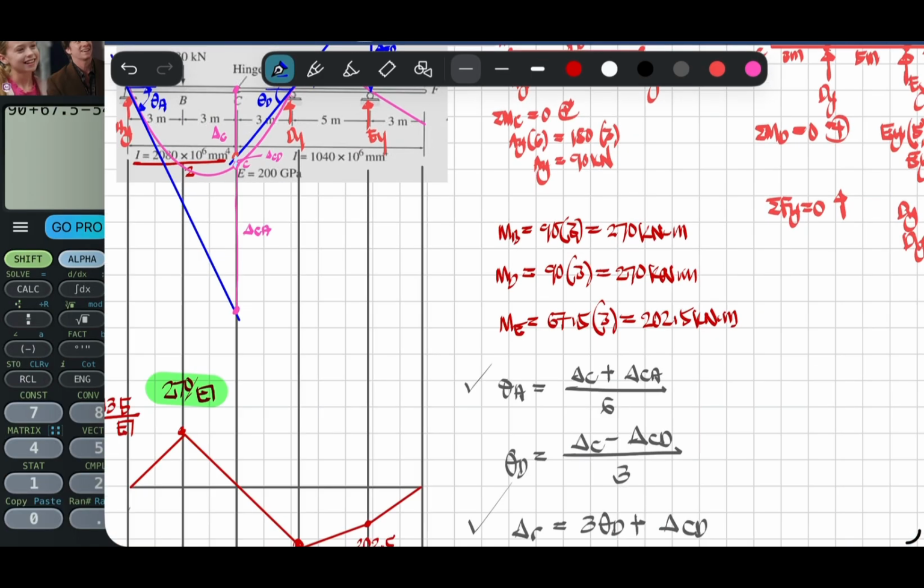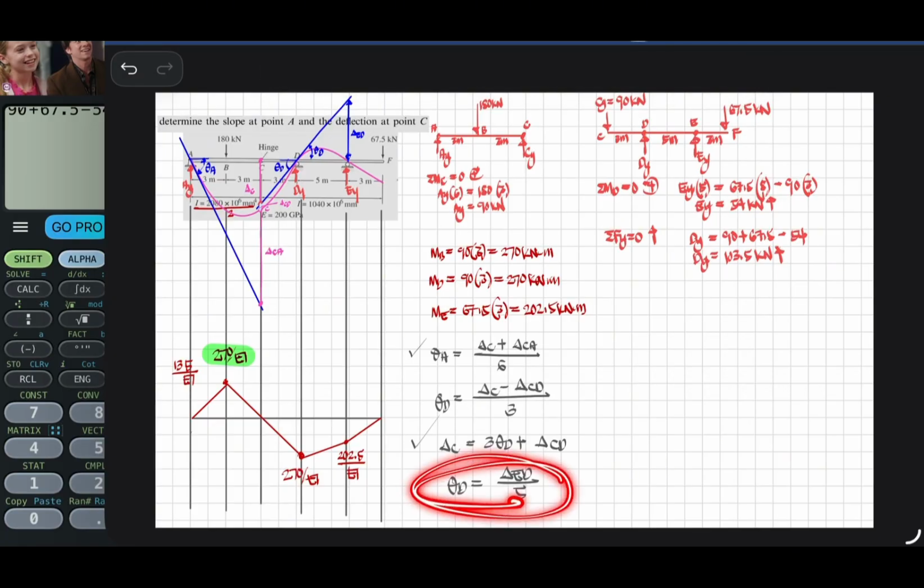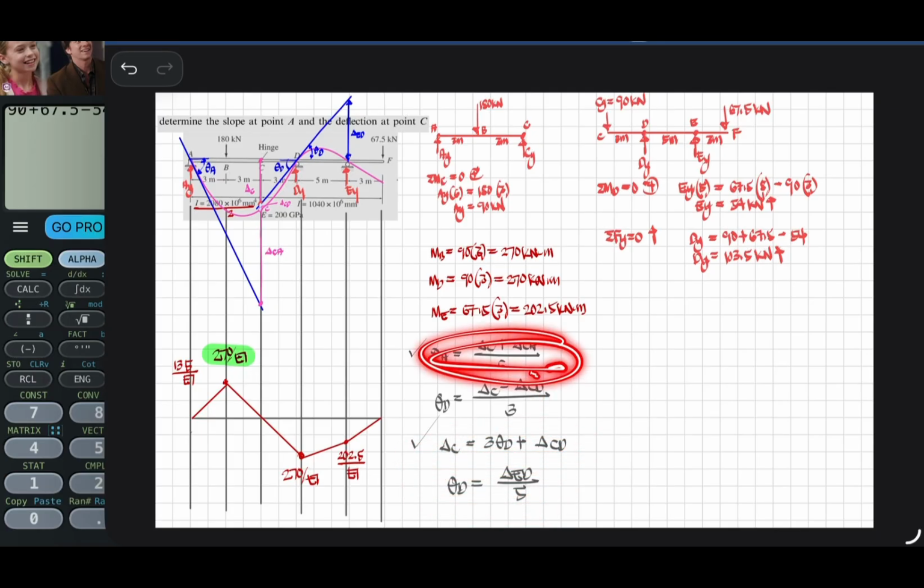Using this triangle, theta D is equal to delta ED over 5. So we solve this first so that we can solve delta C. Then for theta A, we also need to solve this first.